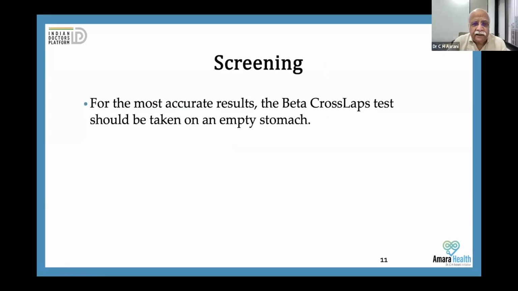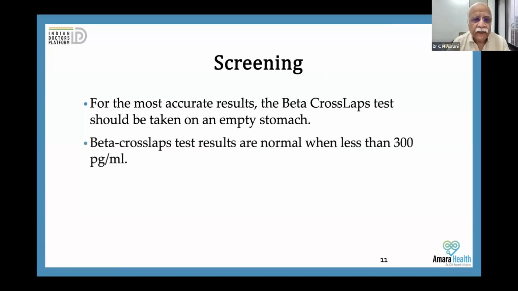For the most accurate result, it has to be done on an empty stomach. So even if you collect blood in your clinic, do not collect a random sample. Tests are normal when it is less than 300 picogram per ml.